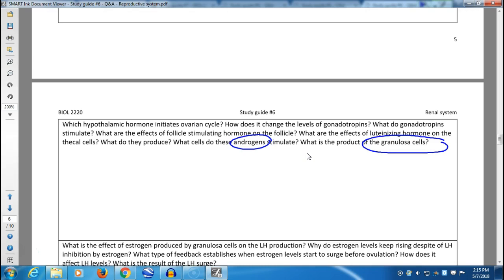So, again, in the follicular phase, LH and FSH are low because they are inhibited by estrogen. But estrogen is produced by the growing follicle, and the bigger the follicle, the more estrogen is produced. Are we clear? At some point, estrogen goes to the level where estrogen and luteinizing hormone establish positive feedback.